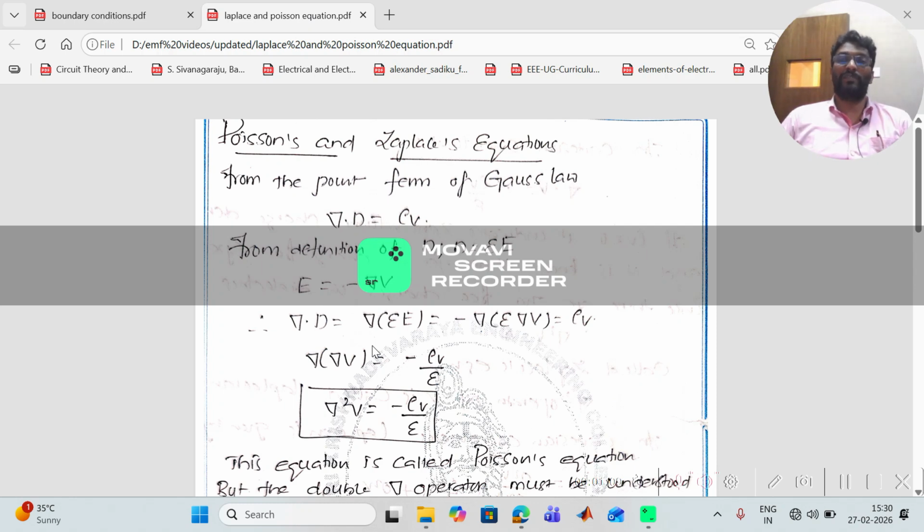As you know from the point form of Gauss law, that is Maxwell's first equation, divergence of electrical flux density is equal to volume charge density rho v.